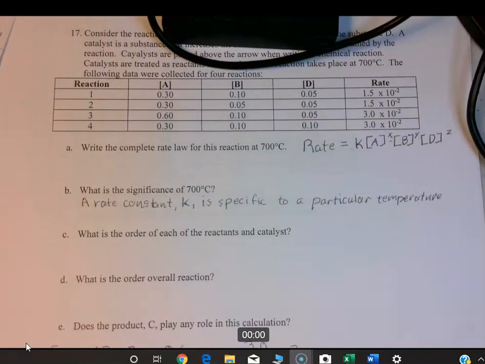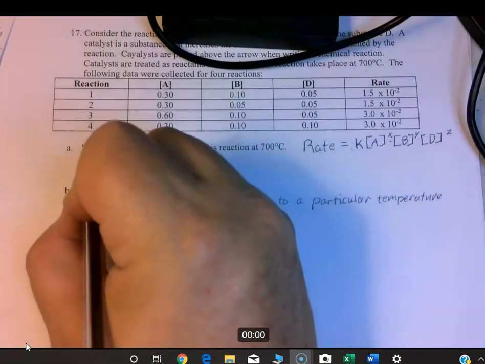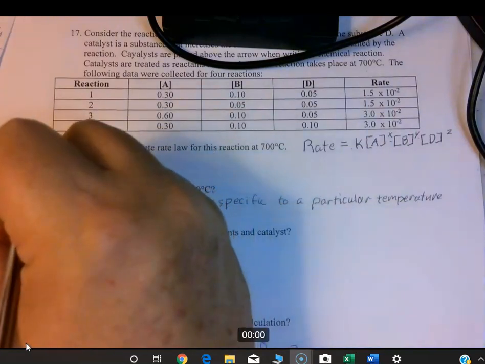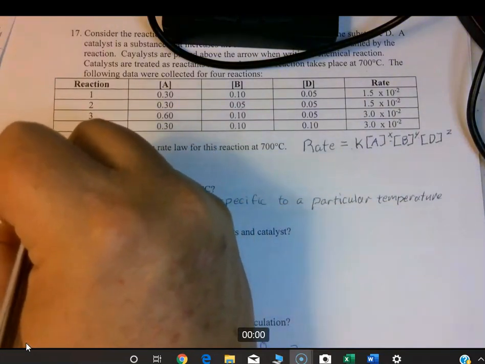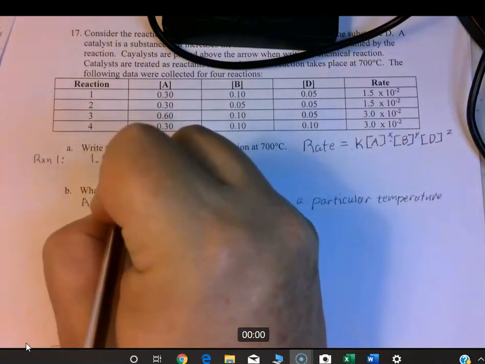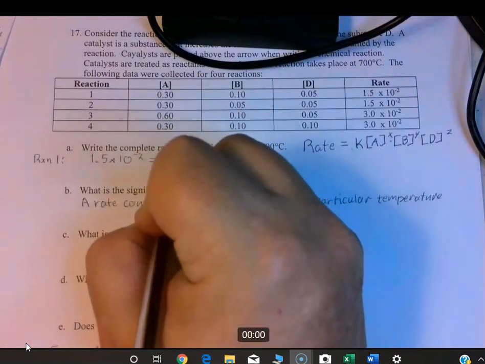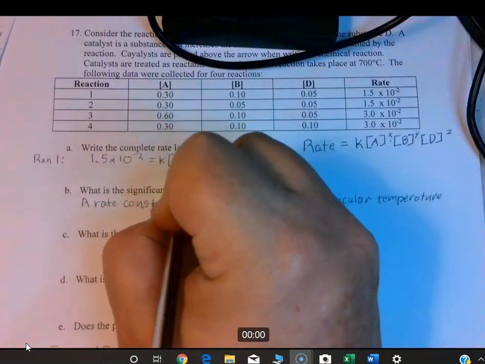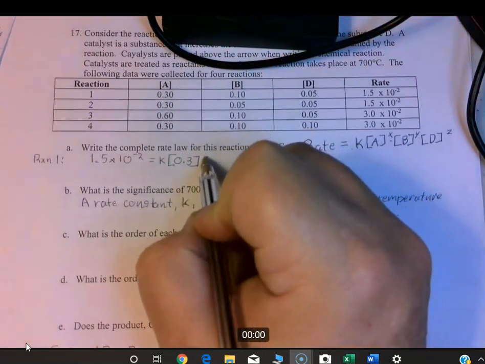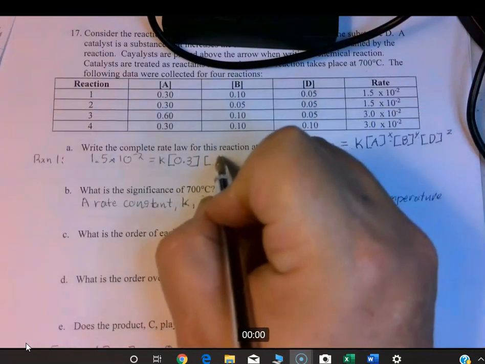So I'm going to do that up here. I'll go back up here. So I have rate, which is 1.5. Again, this is reaction 1 that I'm working with. 1.5 times 10 to the minus 2 equals K times 0.3, that's the concentration of A in reaction 1, times 0.05.